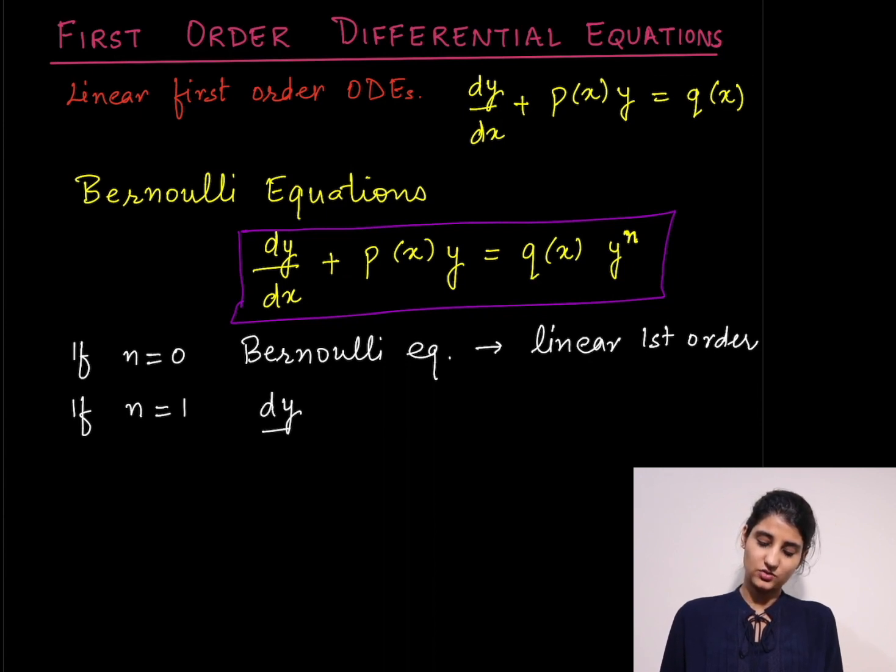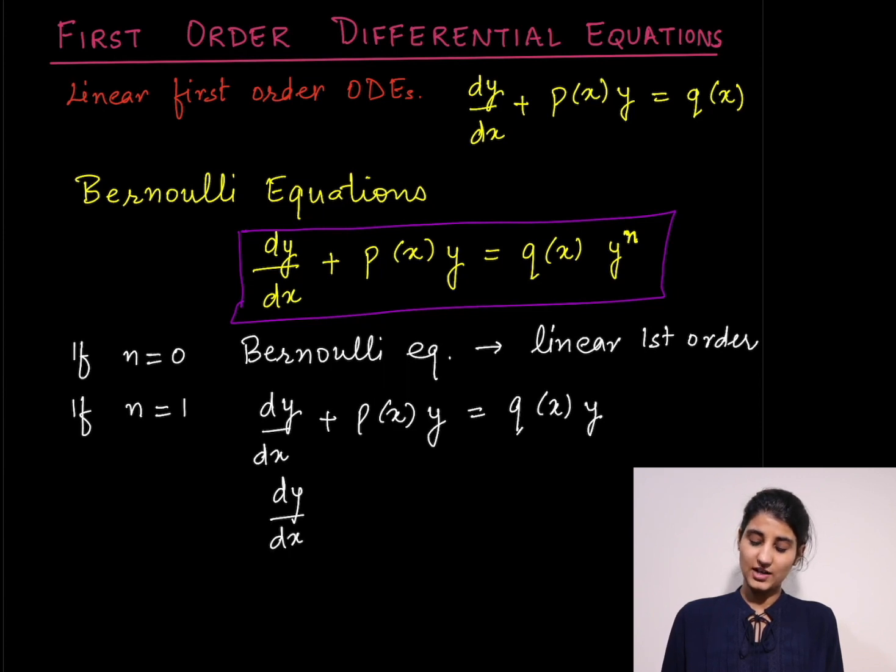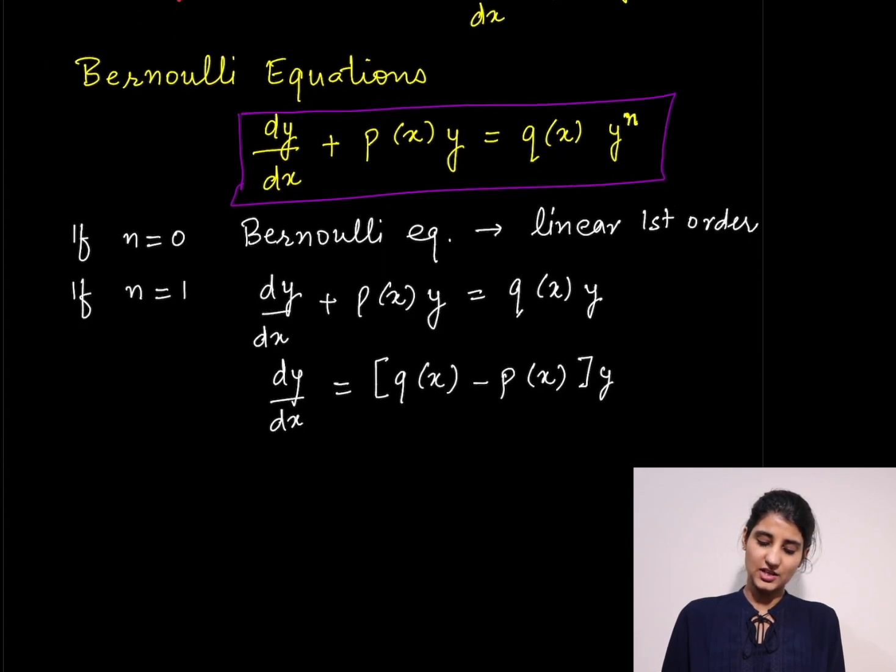So it will be dy over dx plus p(x)y equal to q(x)y. If we subtract p(x)y from both sides, we will get (q(x) minus p(x)) times y, and we will divide by y on both sides.